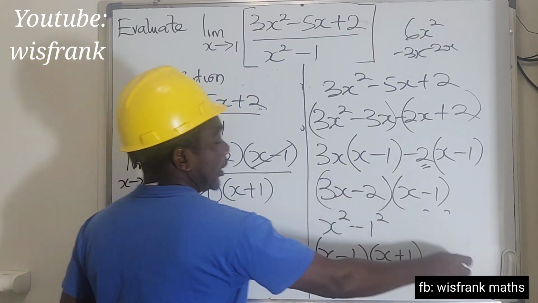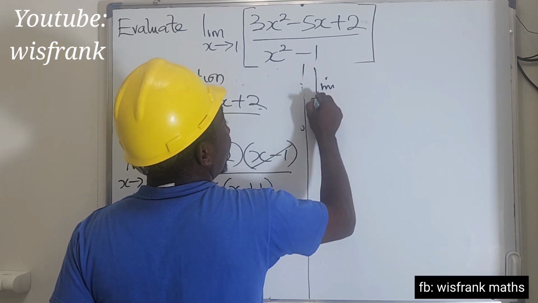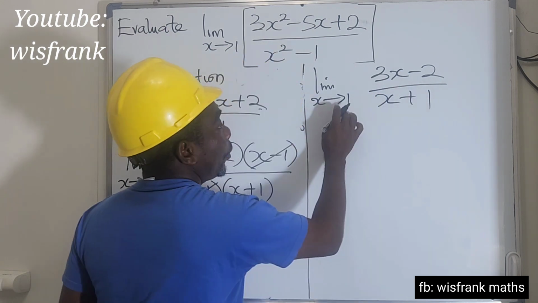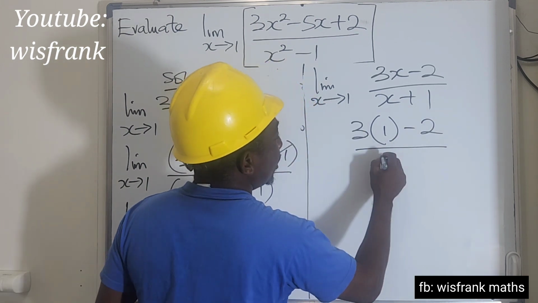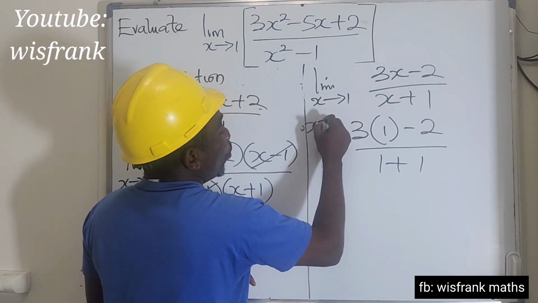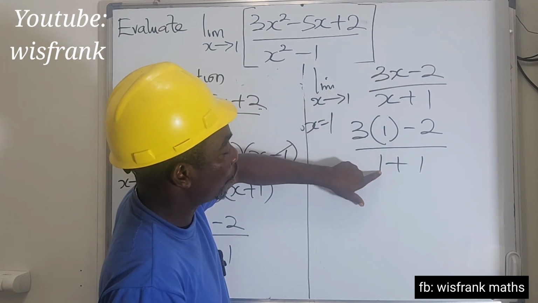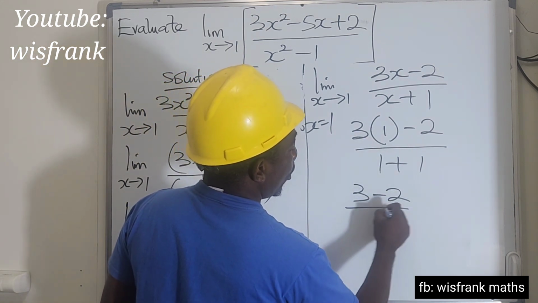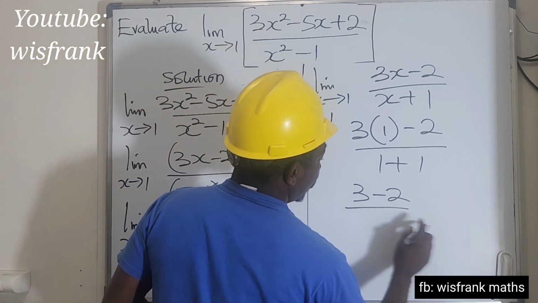So let's move to the other side. That becomes the limit as x tends to 1 of 3x minus 2 all over x plus 1. Substituting x equals 1, we have 3 into 1 minus 2 all over 1 plus 1. 3 times 1 is 3, minus 2, all over 1 plus 1, which is 2.